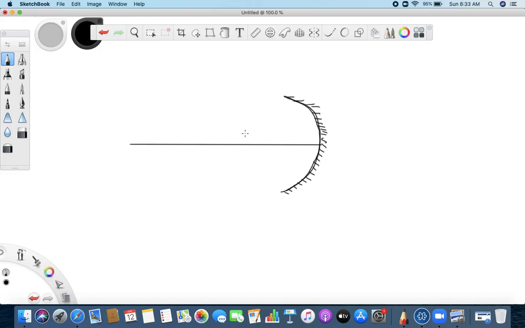Now, you must be wondering, sir, how to draw and all. It is very easy. I'll guide you with exact measurements also. Now, this is my F and this is my C and this is my pole.